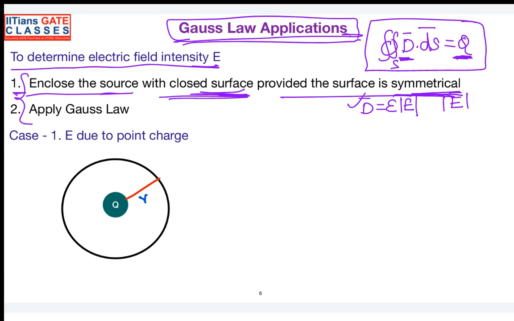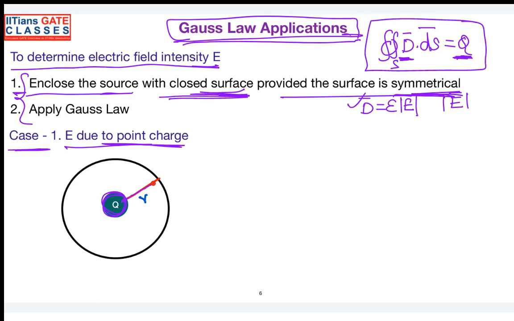So first, let us try to apply the same thing. Consider case 1. This is the electric field intensity due to a point charge. We already know the electric field intensity is Q by 4 pi epsilon r square into AR cap. That we will try to prove with the Gauss law. So this is the charge located here of magnitude Q, and my intention is to find the electric field intensity at a distance of r.